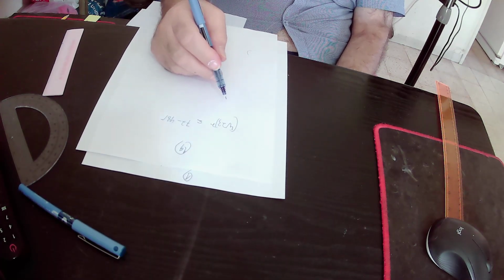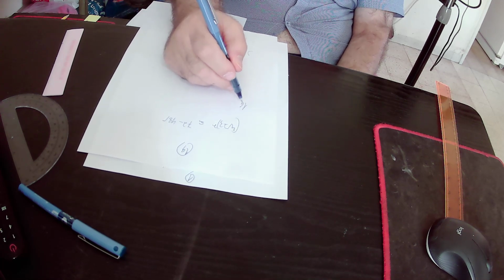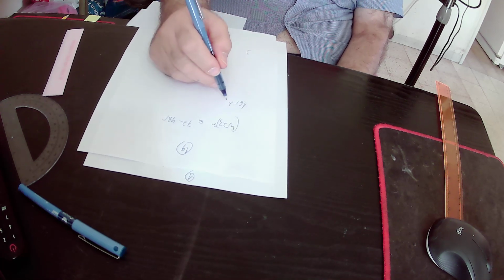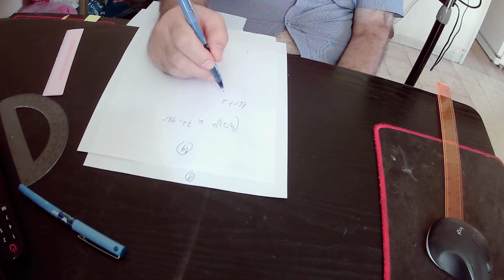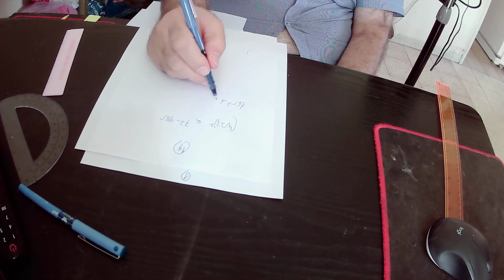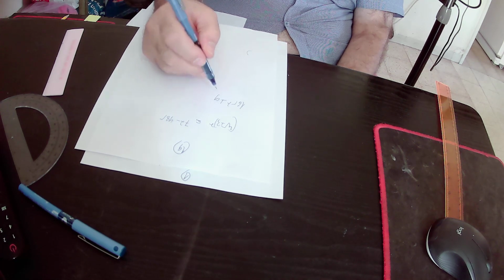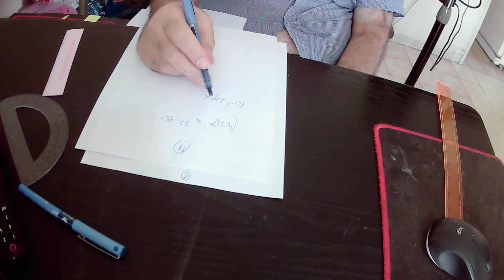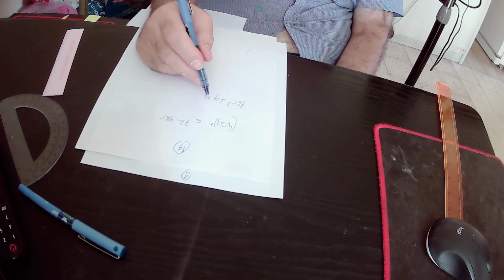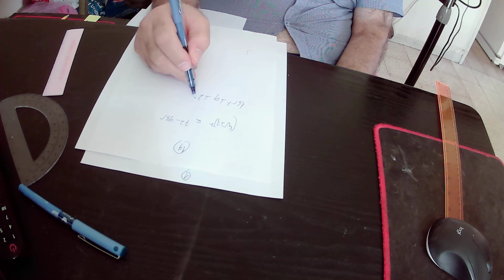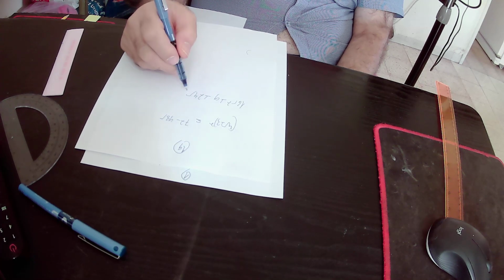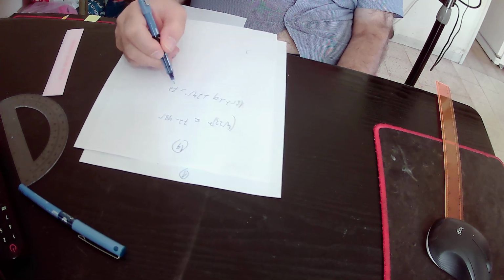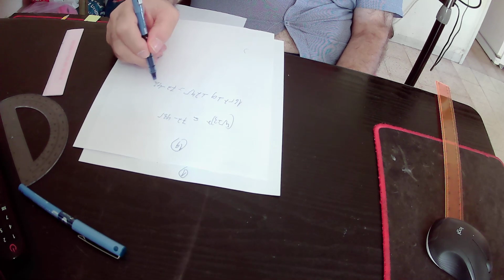(4R plus 3) squared is 16R squared plus 9 plus 4R times 3, which is 12R, times 2 is 24R, equals 72 minus 48R.